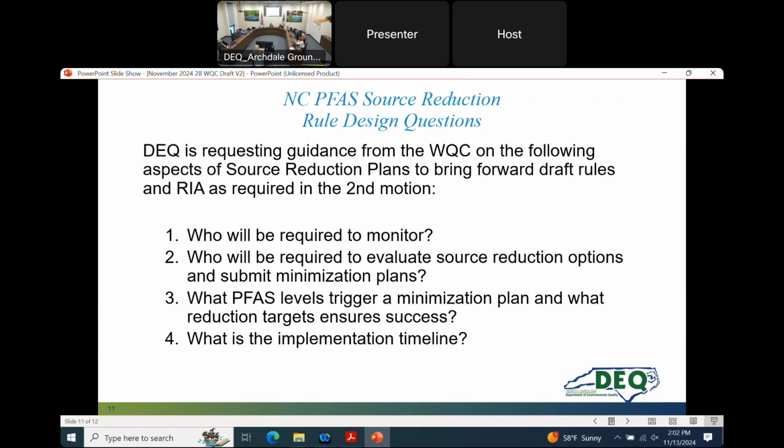Does that include having some enforceability of a program such as this? When we talk about waste minimization, sometimes the sources may interpret that as voluntary, and I don't see how this program can be effective without some enforcement mechanism associated with it.